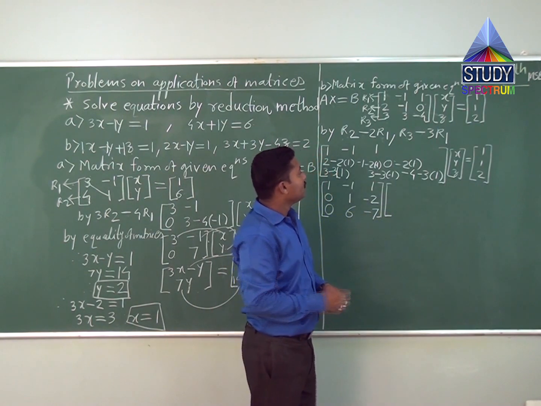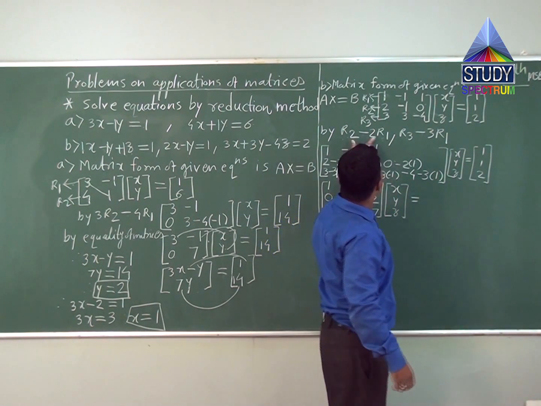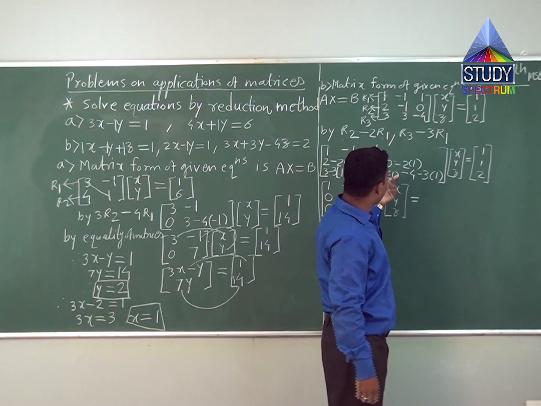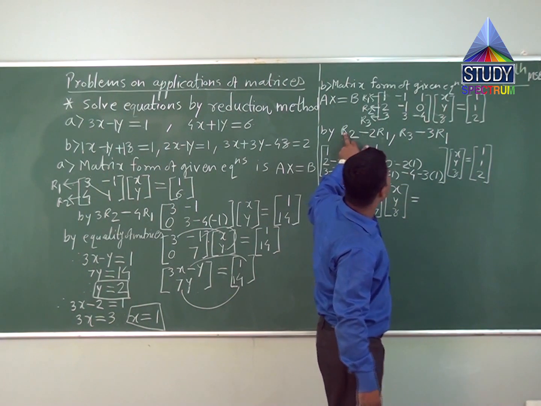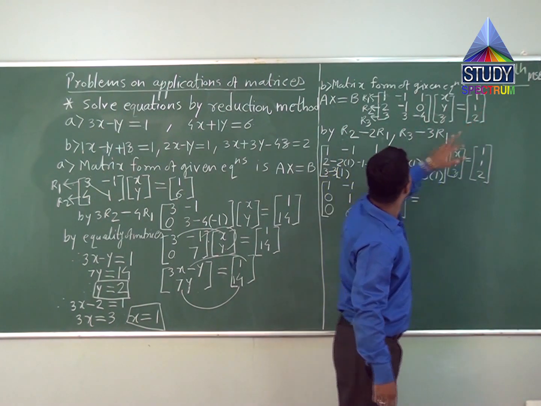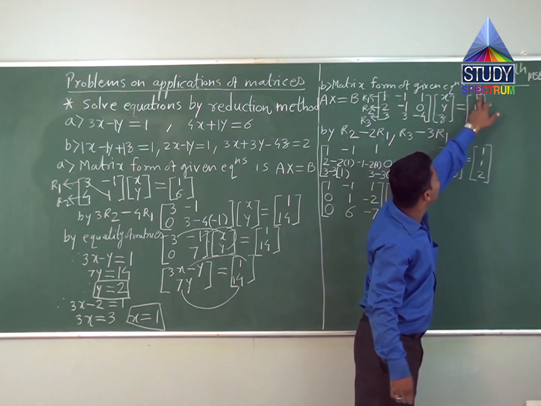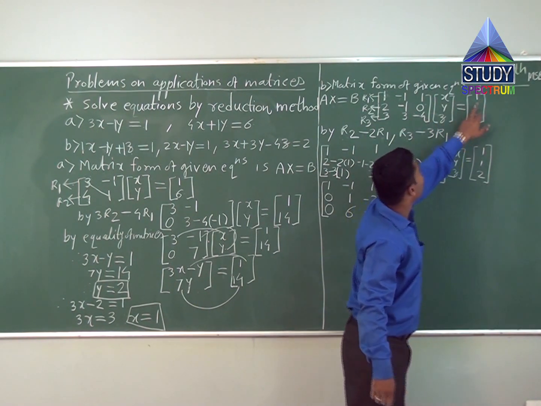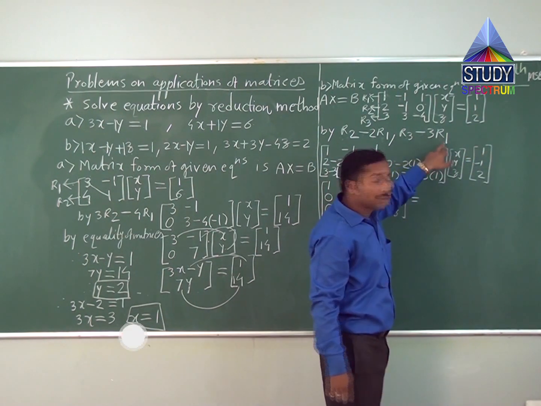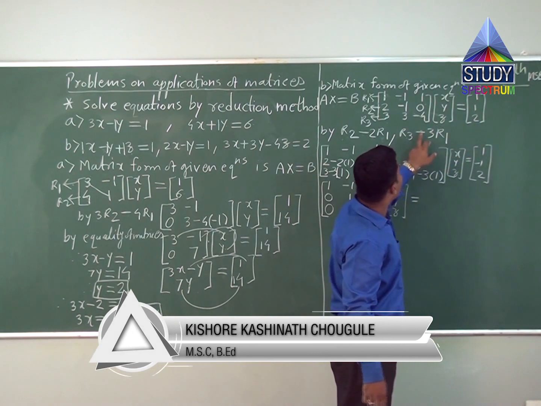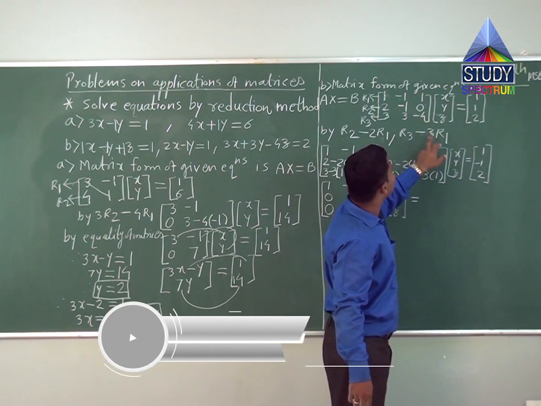XYZ as it is, equal to ... The row transformations done on the left must also be done on the right, in the second and third rows. So R2 means 1 minus 2 into R1, which is 2 into 1, 2, so 1 minus 2 is -1. Similarly R3 minus 3R1: R3 is 2, 2 minus 3 into 1, which is 3.